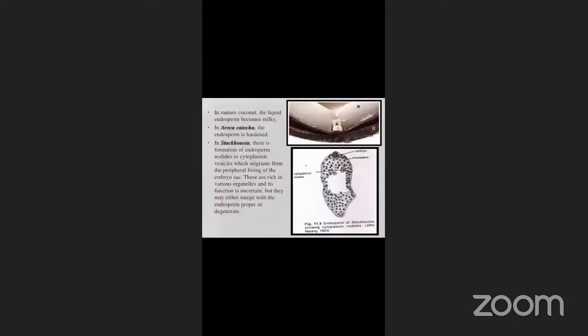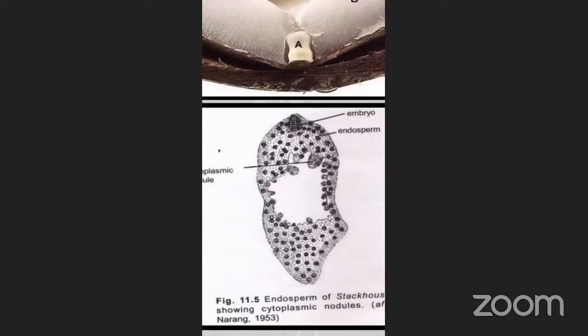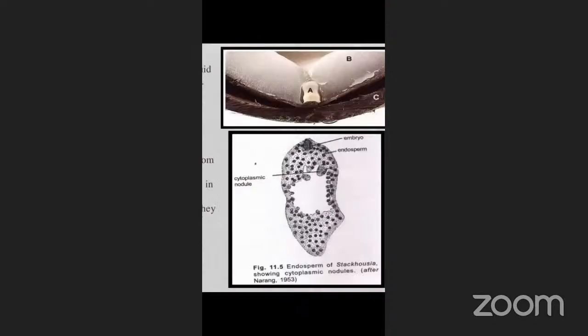See here, endosperm of Stechausia showing cytoplasmic nodules. First the embryo, then the endosperm wall is started.